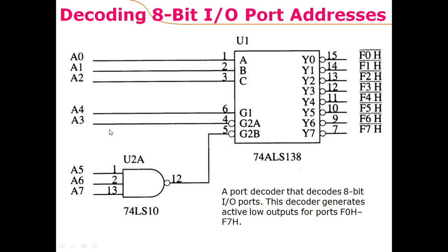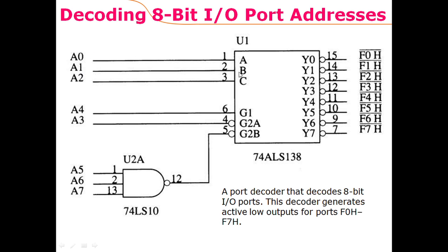So whenever any of these input and output devices is to be addressed, the most significant 4 bits must always be 1. A4, A5, A6 and A7 must always be 1, while A3 must be 0. So the most significant 4 bits are 1, while the next bit on the right is 0. Only these 3 bits are changing.